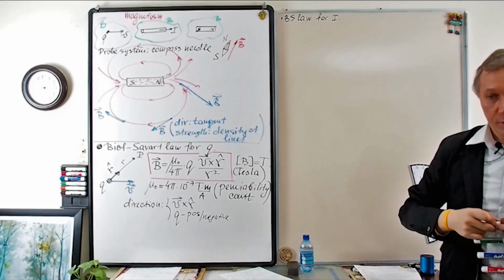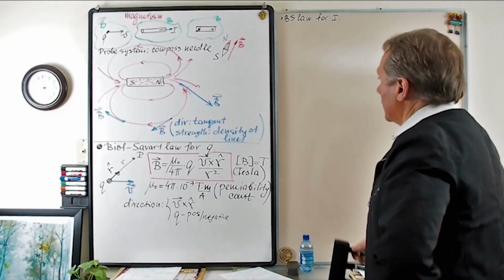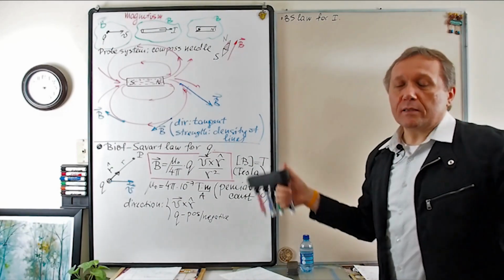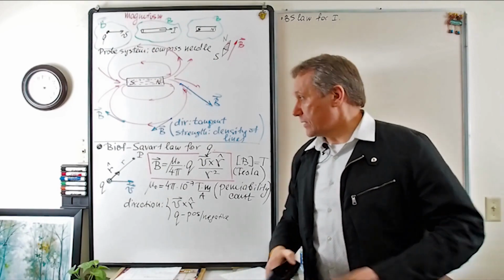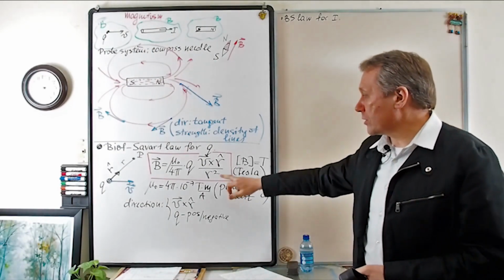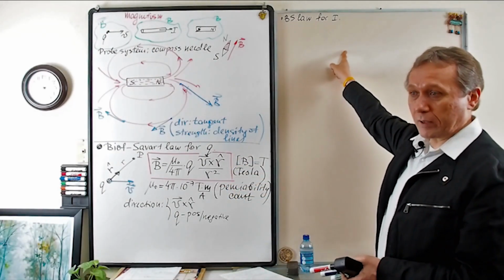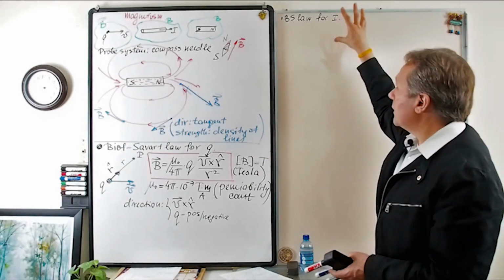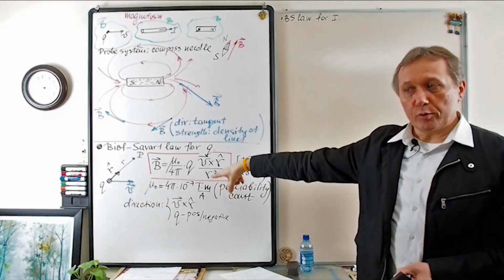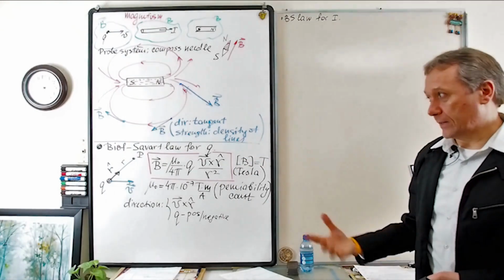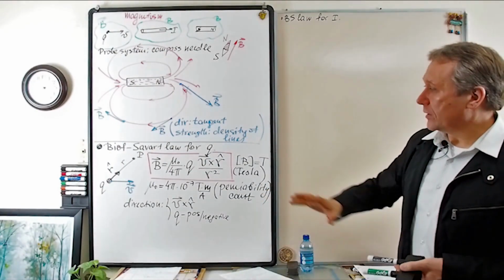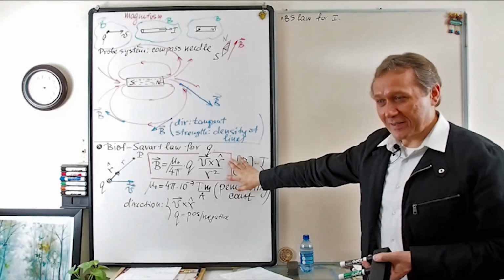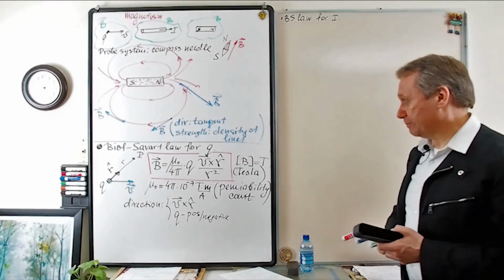It's basically the same law, but written for different systems. You can easily make a transition from this formula to what I'm going to write, or in the opposite direction. We're not going to make this transition; we're going to logically rewrite this formula into the new form.